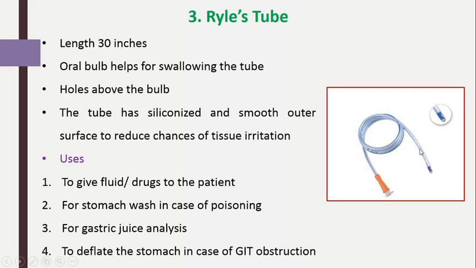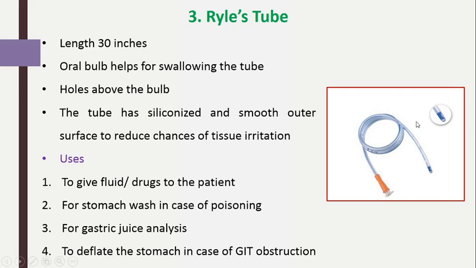On the inserted side, the oral bulb side, there is a hole, which helps the fluids to flow. The bulb is siliconized, as you can see in this small picture, and has smooth outer surfaces to reduce the chances of tissue irritation.